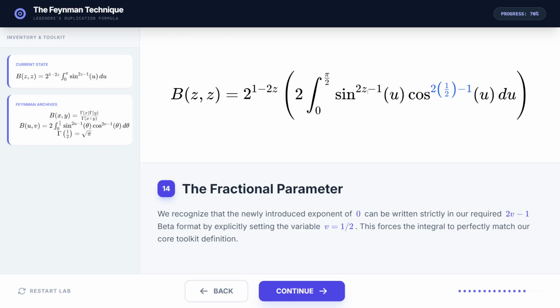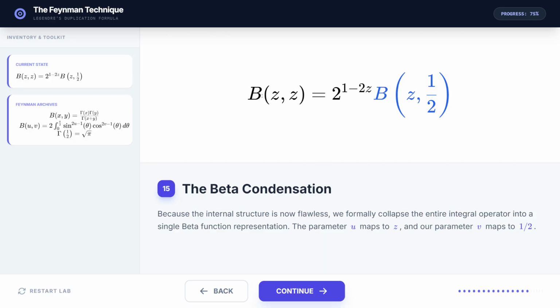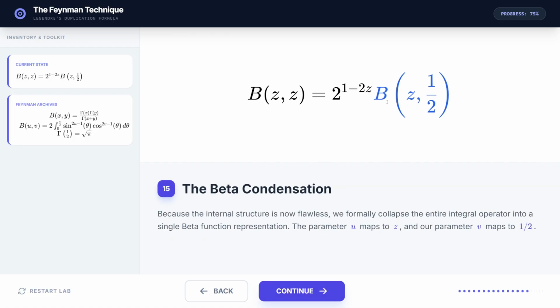We're trying to get it into this 2z minus 1 form, and this would work with z equal to 1/2. Okay. So now we have beta of zz is just equal to 2, this factor of 2 right here that we had outside of our integral, times beta of z comma 1/2.